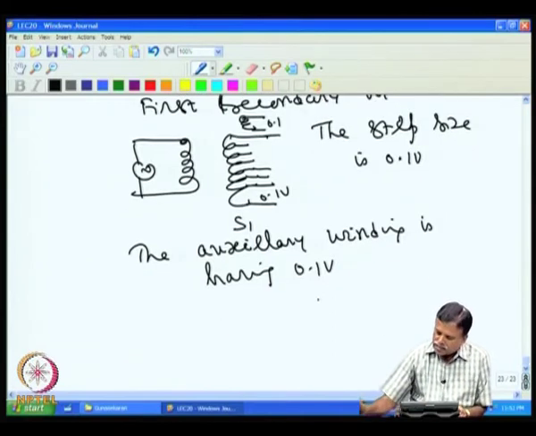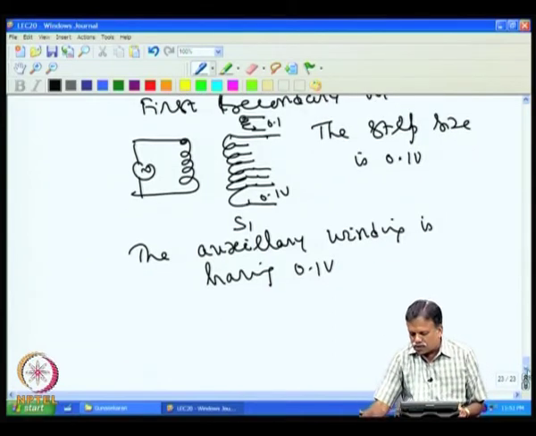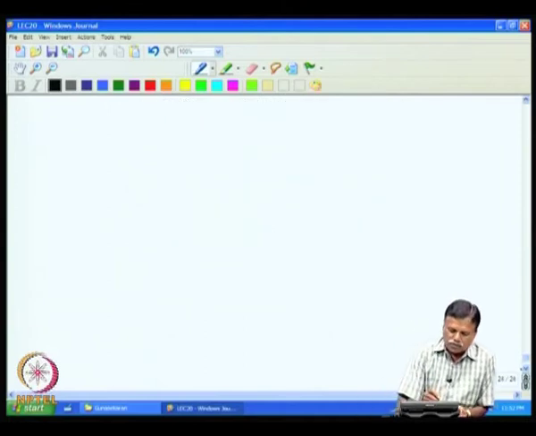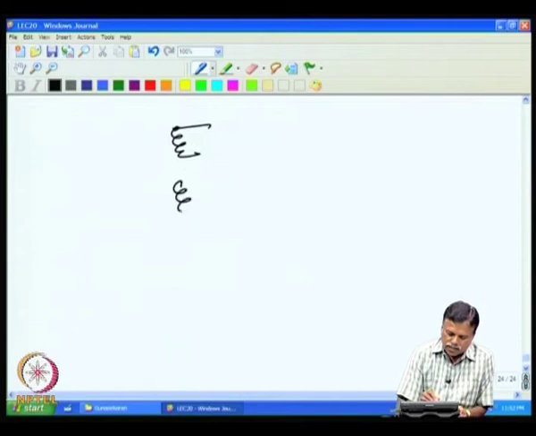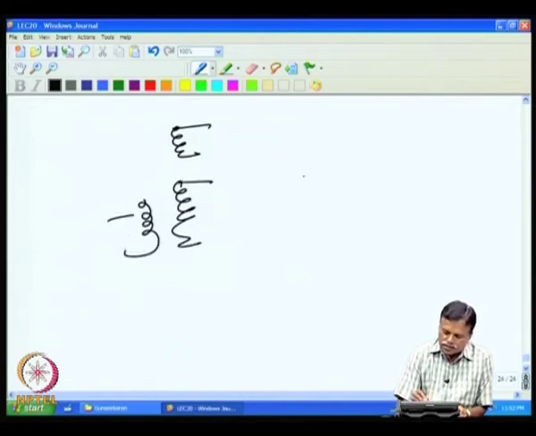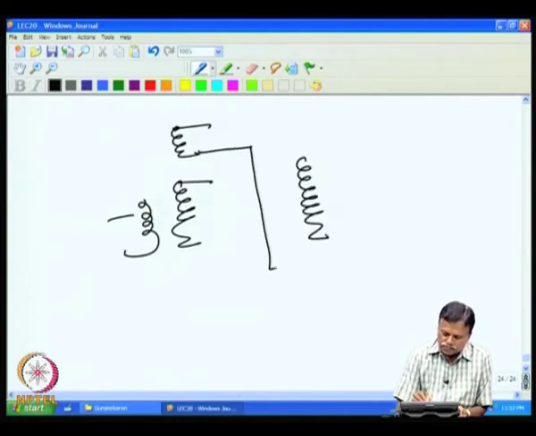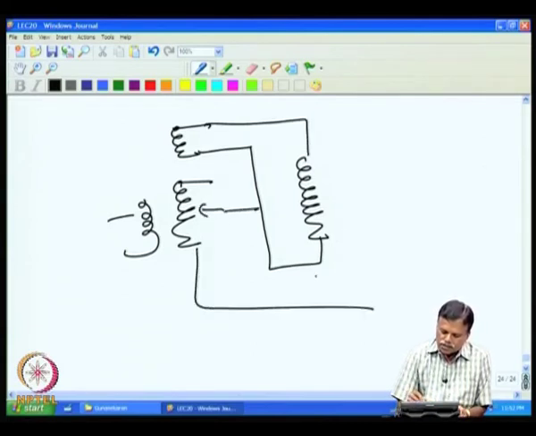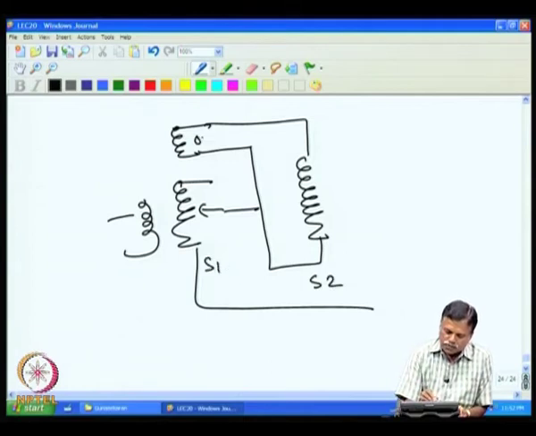So, the first coil is here and the primary is here. This energizes the second coil. So, this is S2, this is S1, and this is 0.1 volt.